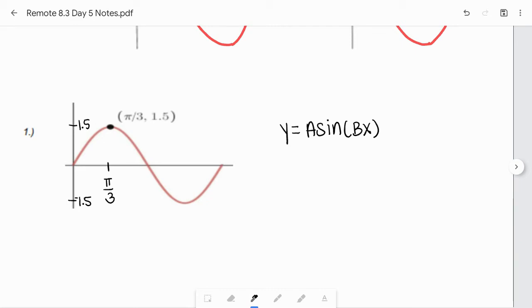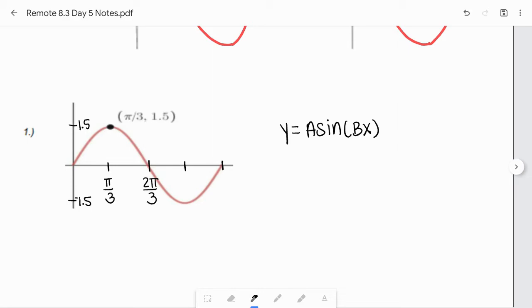Okay. So I also can just add in a few more points, at each of the x-intercepts as well as the maximum and minimum. So at the first maximum, I'm at pi over 3. So that means I'm going to be increasing by pi over 3. So right here at the second x-intercept, I'd be at 2 pi over 3.